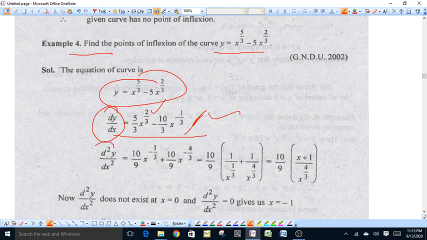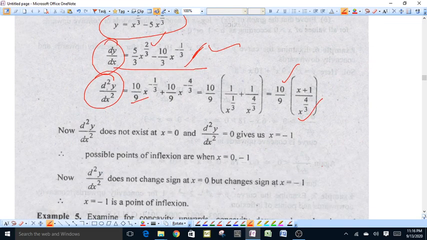Differentiating again with respect to x, we have 10 upon 9 x raised to power minus 1 by 3 plus 10 upon 9 x raised to power minus 4 by 3, which is equal to 10 by 9 into (x plus 1) upon x raised to power 4 by 3.